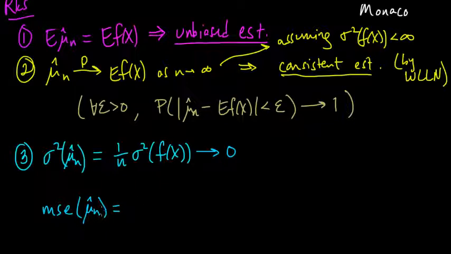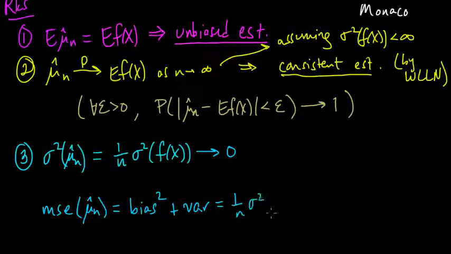By the bias-variance decomposition, the mean squared error is equal to the bias squared plus the variance. The bias is 0, and the variance is this thing, so the mean squared error is 1 over n times the variance of f of x, and of course that's going to 0.